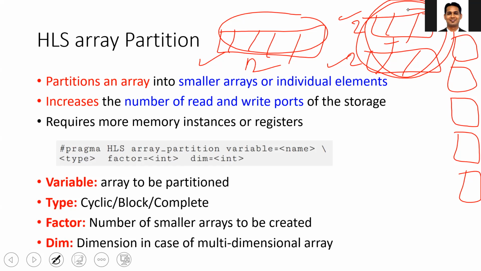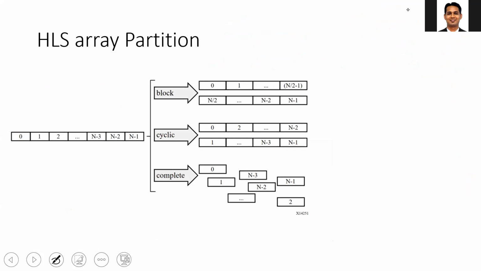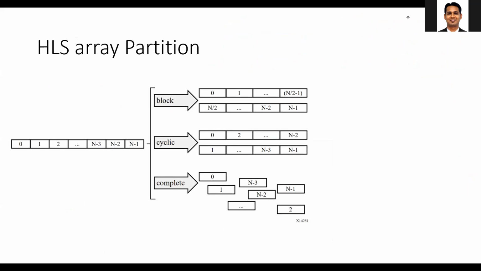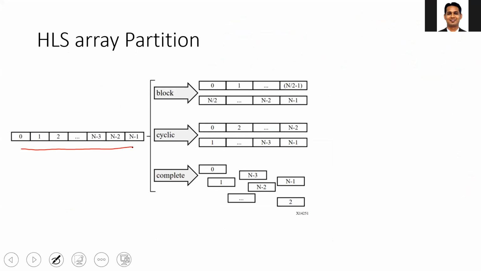So look at the type. We have 3 types. Okay, so this is your input array. And you decide that you want to do partitioning by the block type. Here my factor is 2, because I'm creating 2 units.